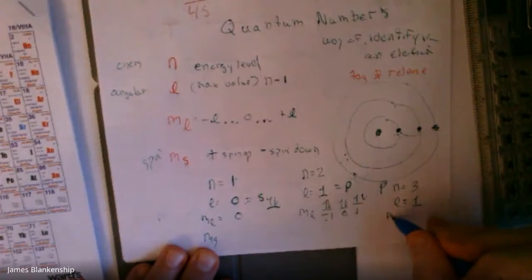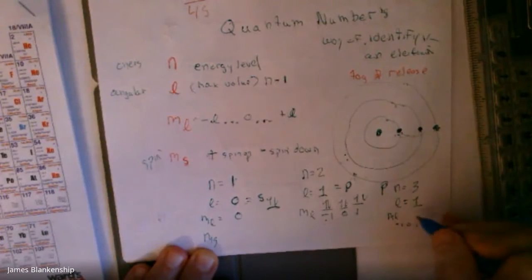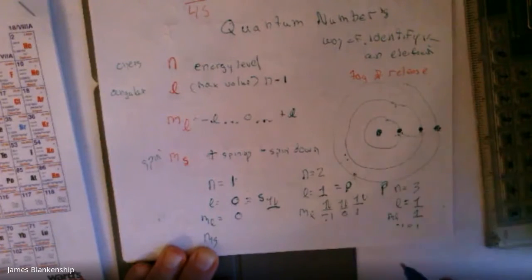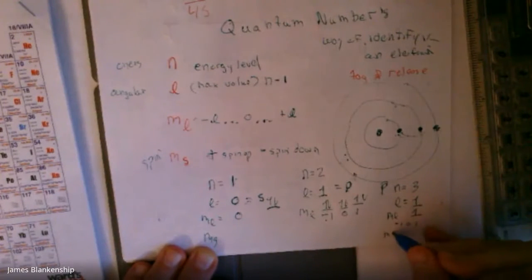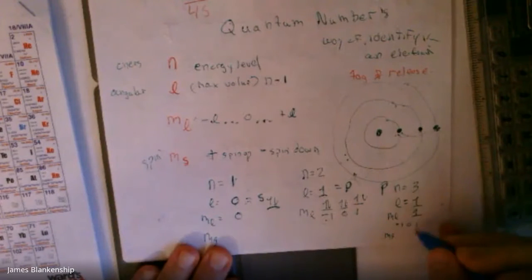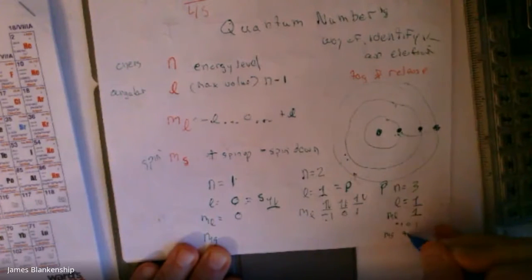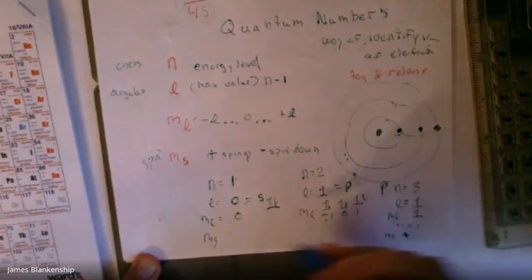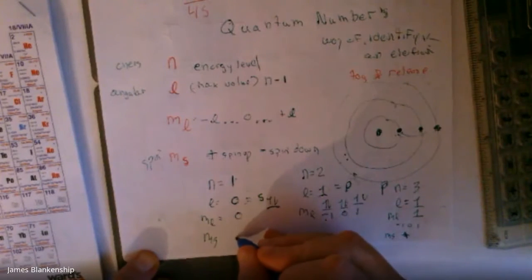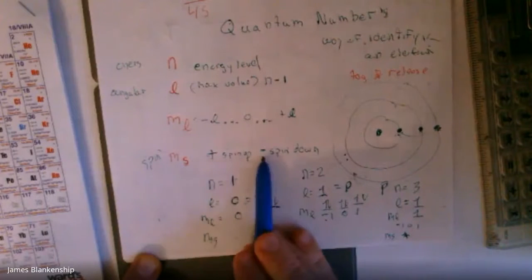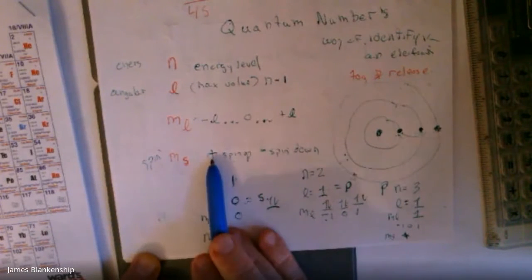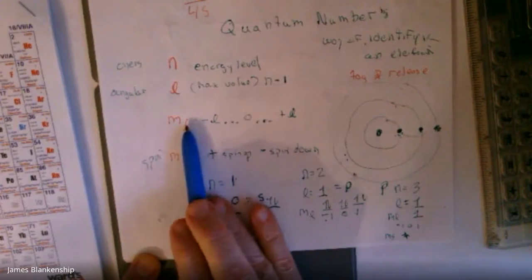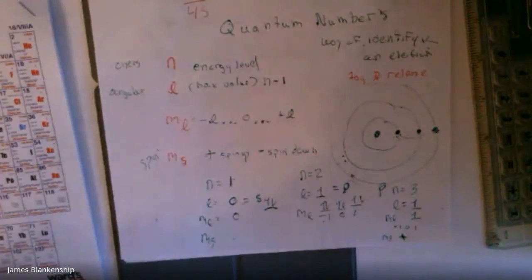And then our M sub L, we have a choice of -1, 0, and 1, so we're going to pick our maximum value of 1. And then your M sub S, our first S that fills, is our positive and our spin up. When you have this M sub S, there is not really anything more than just a plus or a minus. This is usually associated with being clockwise or counterclockwise.